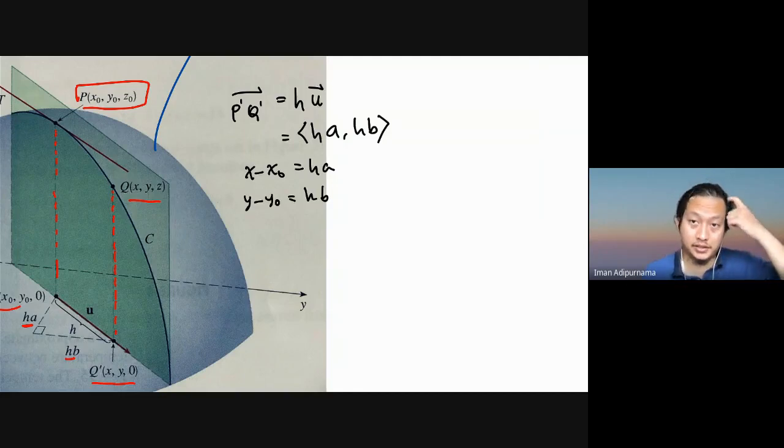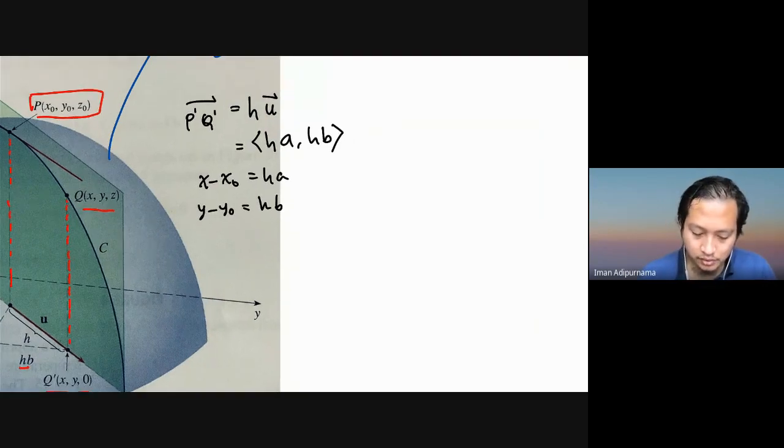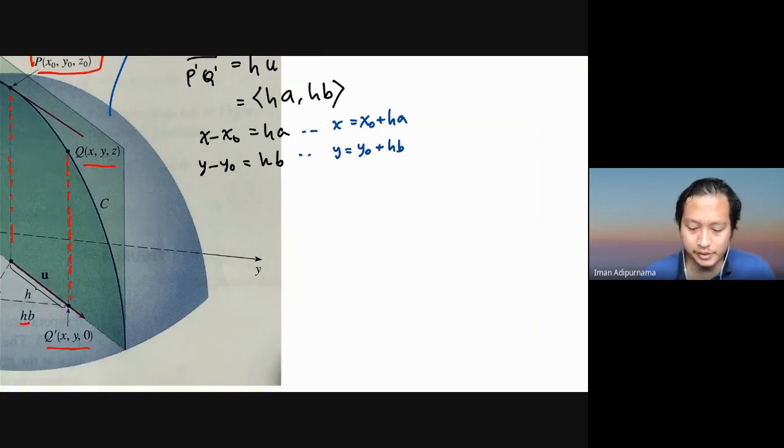The rate of change, the change of the length. So we can write this into this form. It's similar to a parametric, but it's a little bit different.